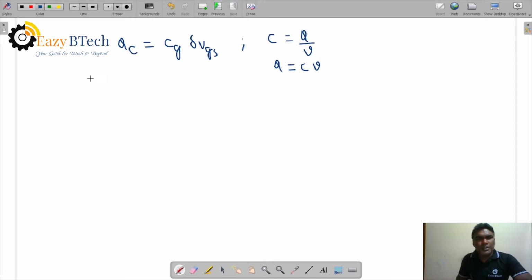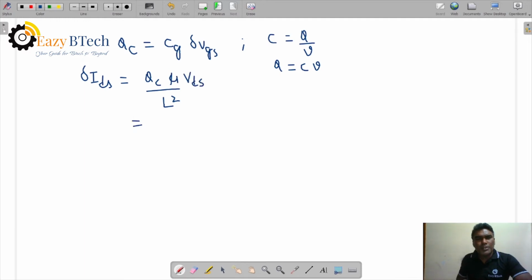Now we can substitute this in the previous expression for change in IDS, which is QC by L square into mu VDS.